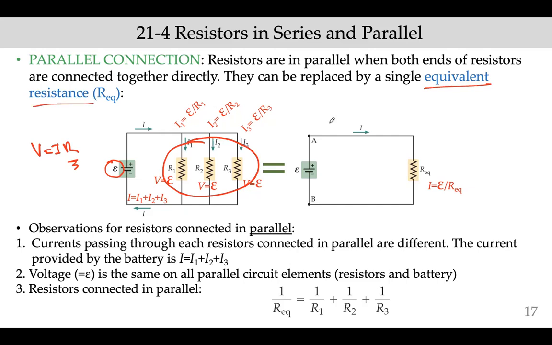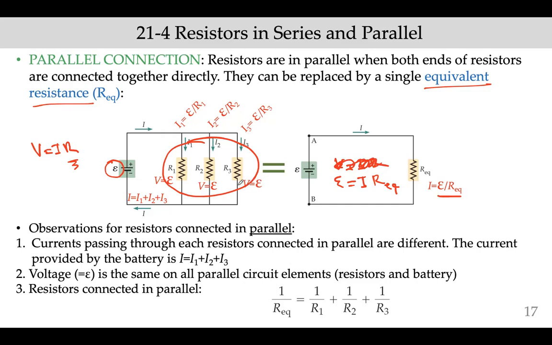You reduce it to one resistance, and then you can easily use V equals IR. In this case, V would be epsilon, I is the current, and the resistance is R equivalent. So the current would be epsilon divided by R equivalent. So we have to calculate this R equivalent.